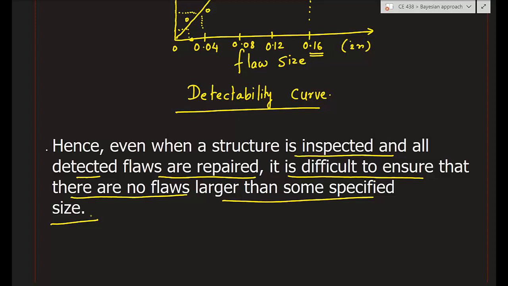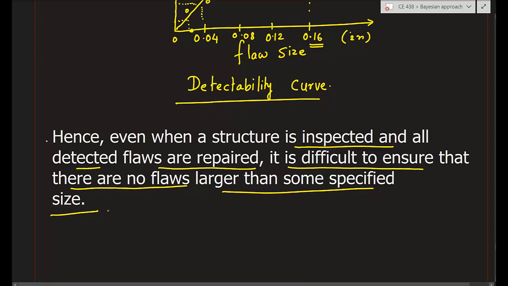So there will be some cracks left inside this structure, and that will decrease the lifespan of the structure. So there are some cracks of a given length that have not been detected.